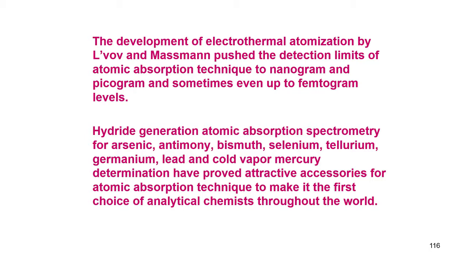For arsenic, antimony, bismuth, selenium, tellurium and germanium, in parts per billion level analysis, only hydride generation atomic absorption spectrometry is being used even now all over the world. So, it is a very important development. We will be studying it in the course of this program.